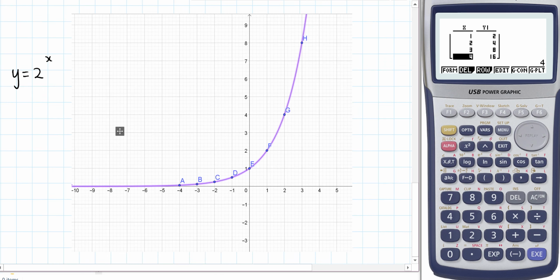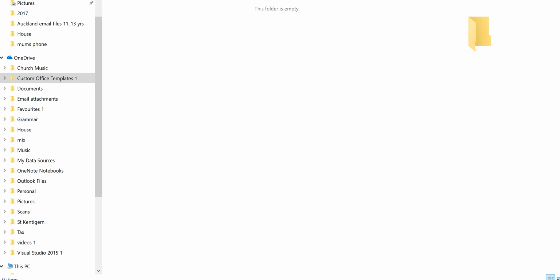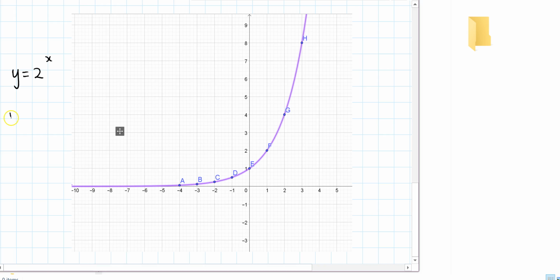Well, when x is a negative number, we might have something like this: y equals 2 to the power of minus 1. Now, if you remember the work that we did on exponents in the algebra course, that could be rewritten as 1 over 2 to the power 1, or in other words, 1 over 2, which is a half.